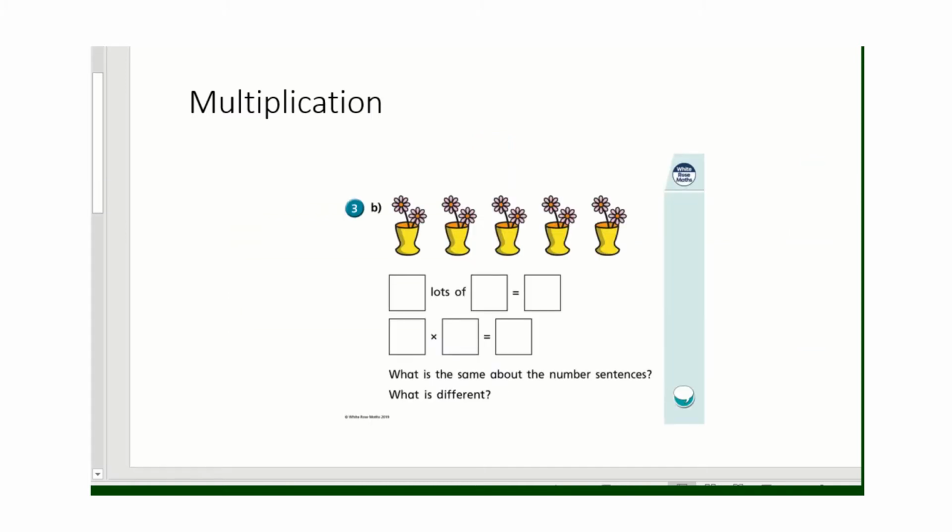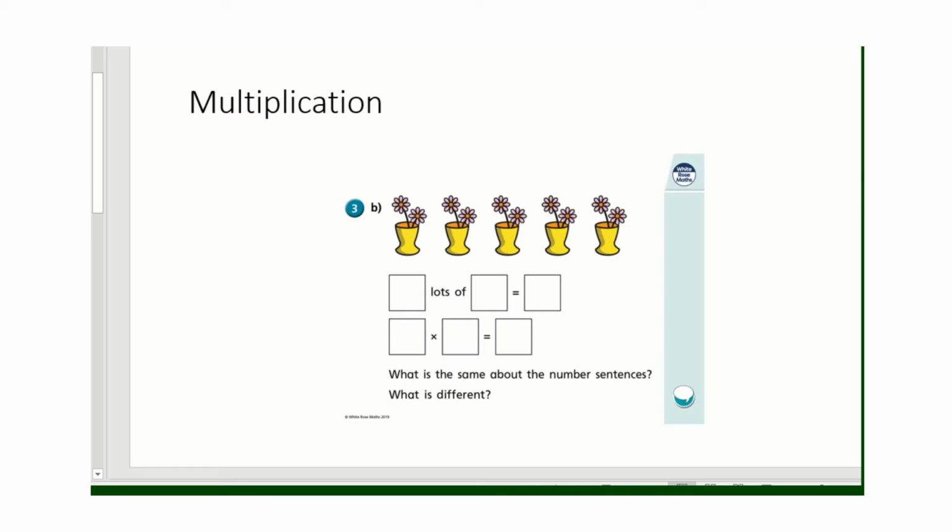Then have a look at this picture. How many lots of 2 have we got? We've got 5 pots, so that would be 5 lots of 2. 5 times 2.